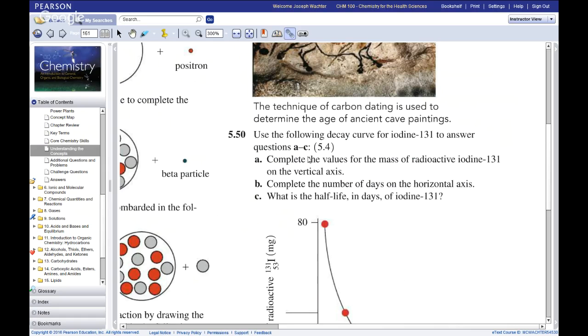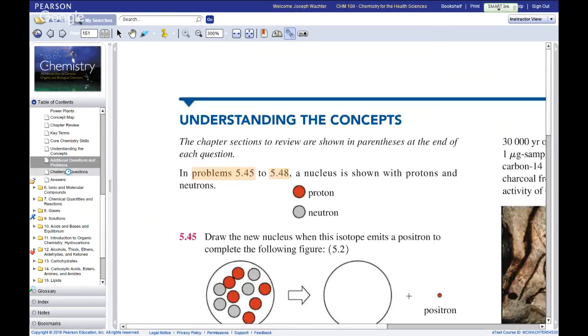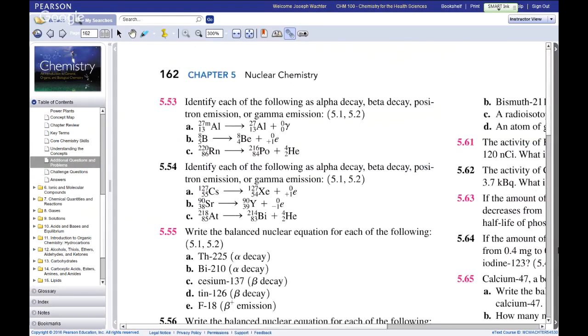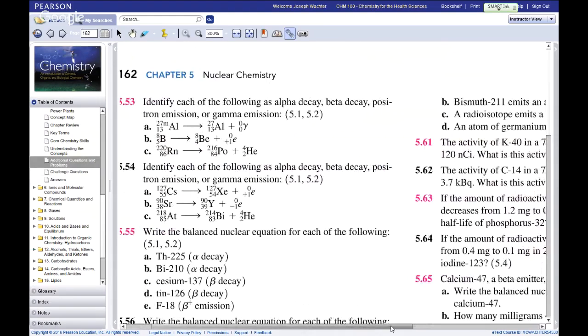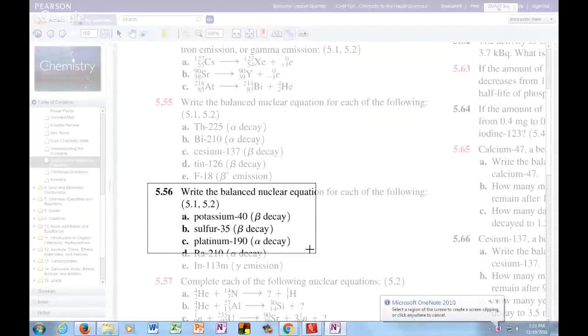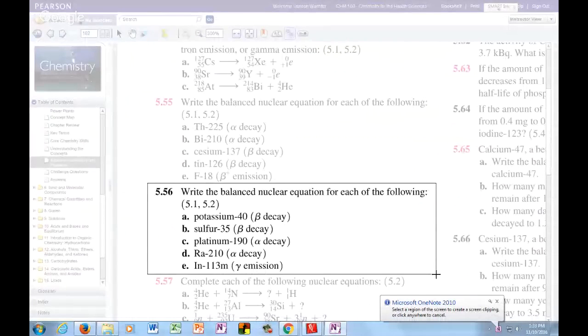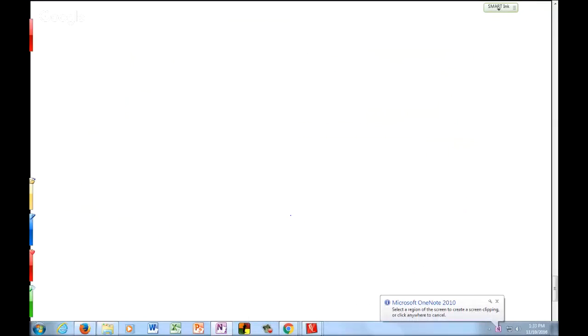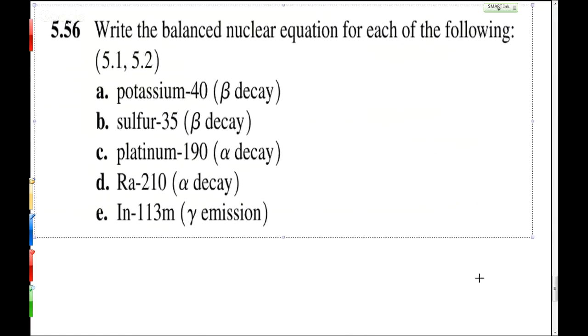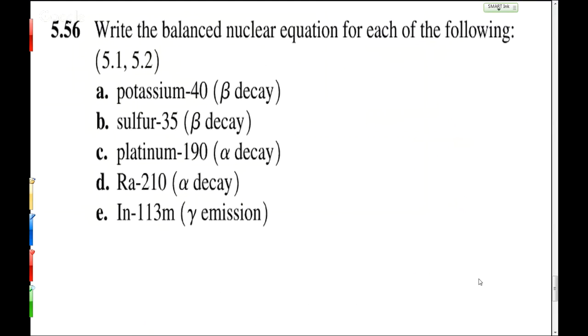All right, let's practice some reactions, and then we can call it a day. So see if you can write a balanced nuclear equation for each of those.